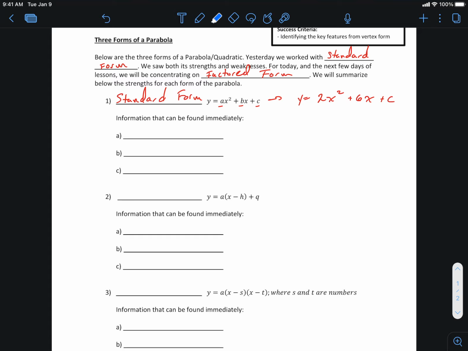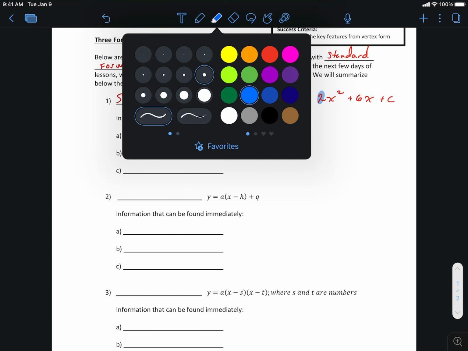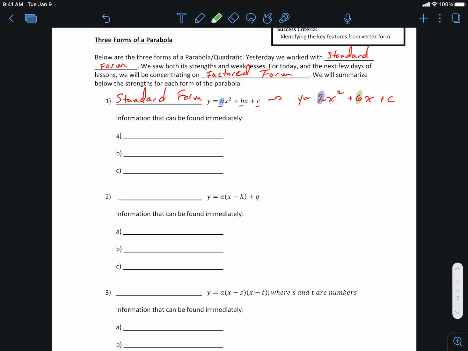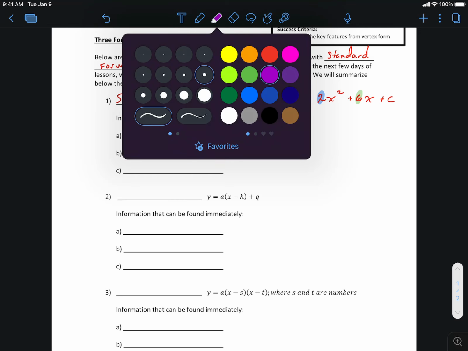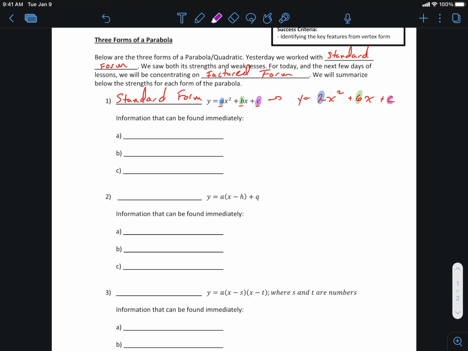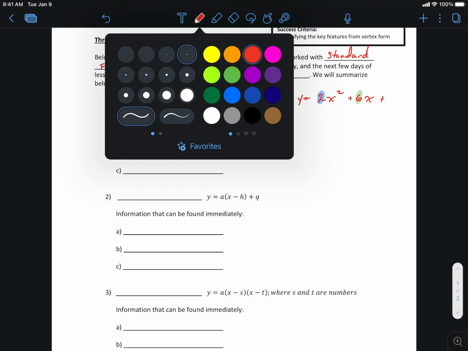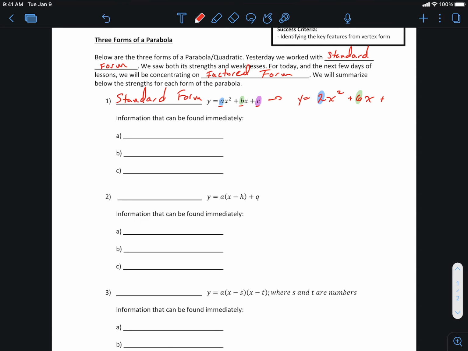A would have been 2, 6 would have been B, and C, we need a number there. I don't know, 10. Could be anything. They're just numbers. Nothing scary.